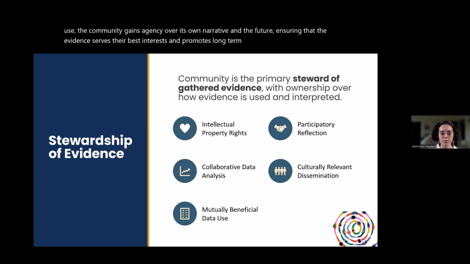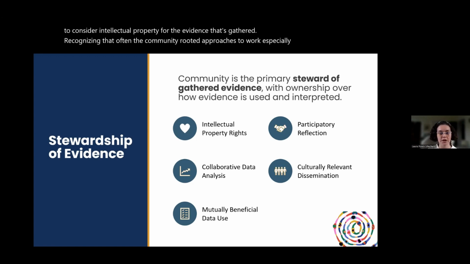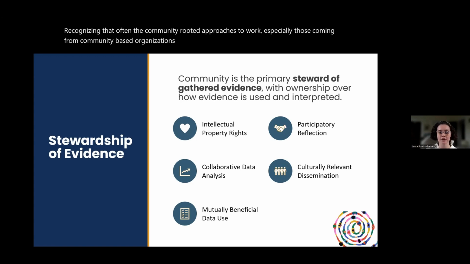There are some intellectual property rights considerations that I think are really important to name. We need to consider intellectual property for the evidence that's gathered, recognizing that often the community-rooted approaches to work, especially those coming from community-based organizations, are really their intellectual property. That often is their livelihood, the way that their programs work and having that proprietary information.